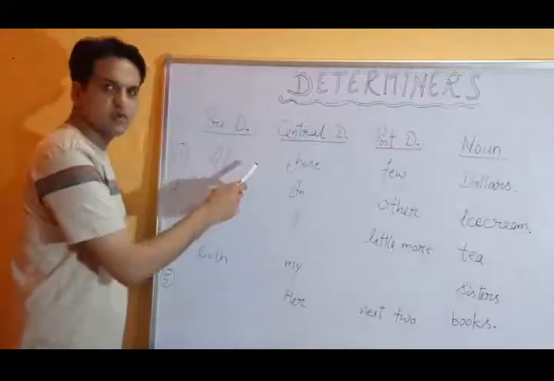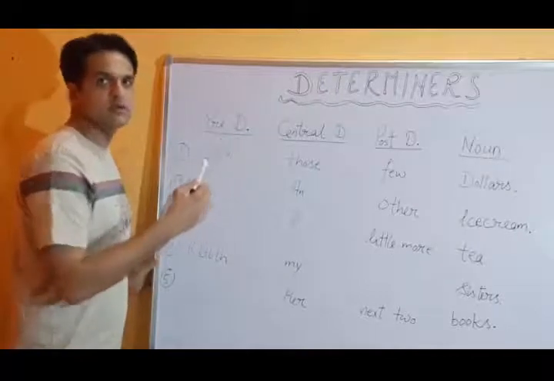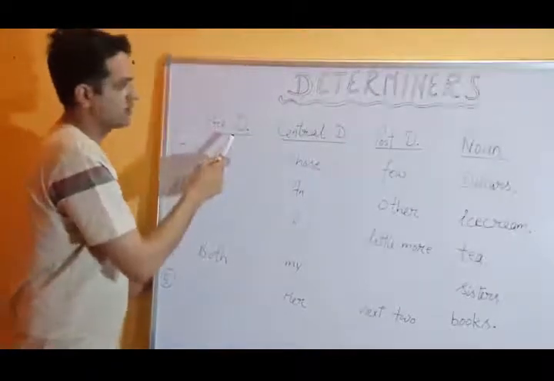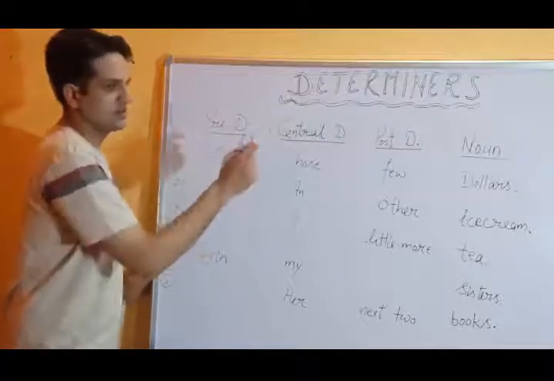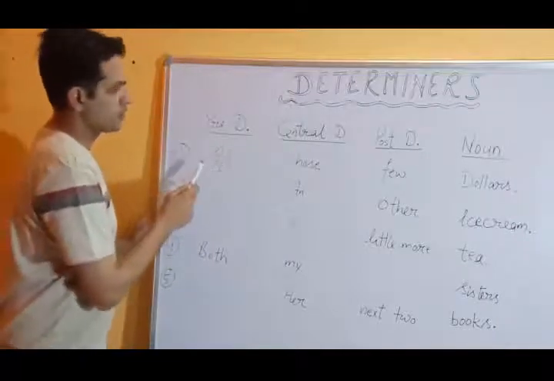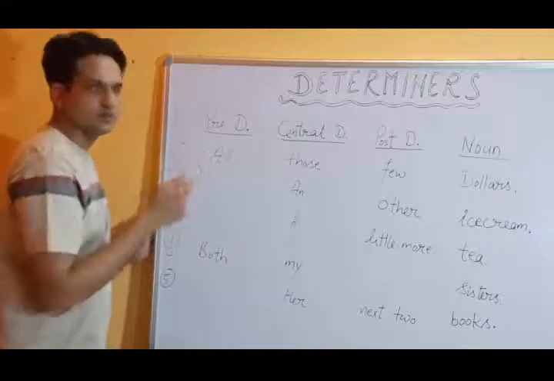Here we have 5 examples to show the position of different determiners in a sentence. Here we have predeterminers, central determiners, post determiners and noun. So let us take examples. All those few dollars.